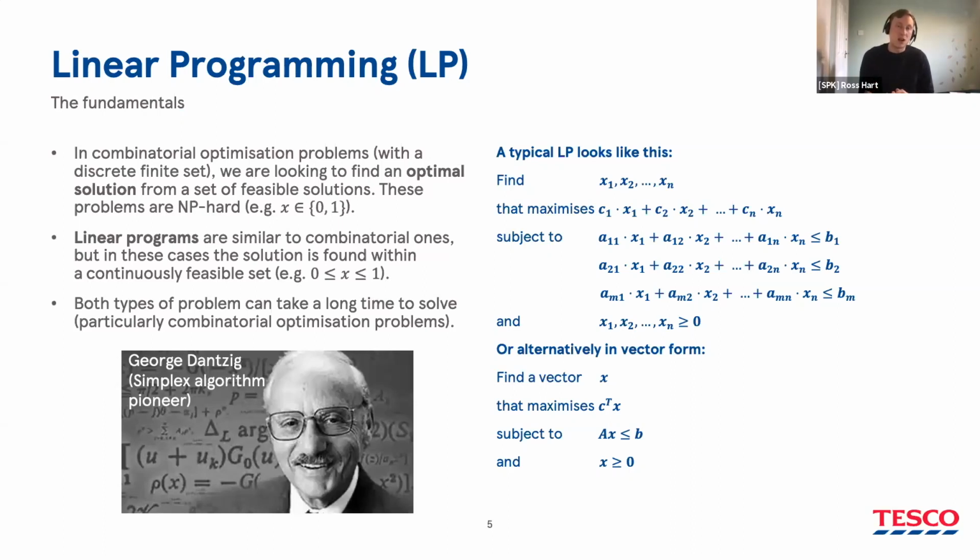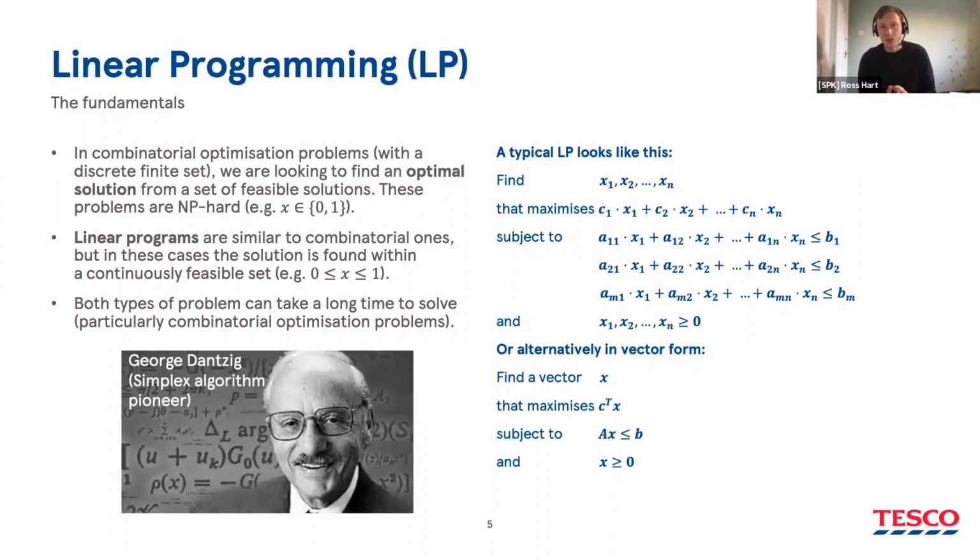These are problems where there's a set of different x values, or they can be labeled any value you want, really, and you want to find the optimal set of these different x values from a set of feasible solutions.